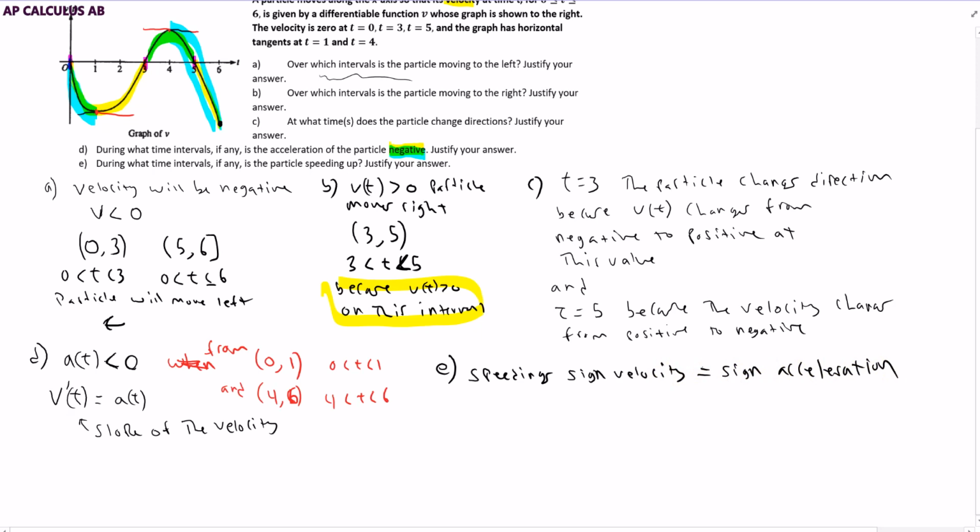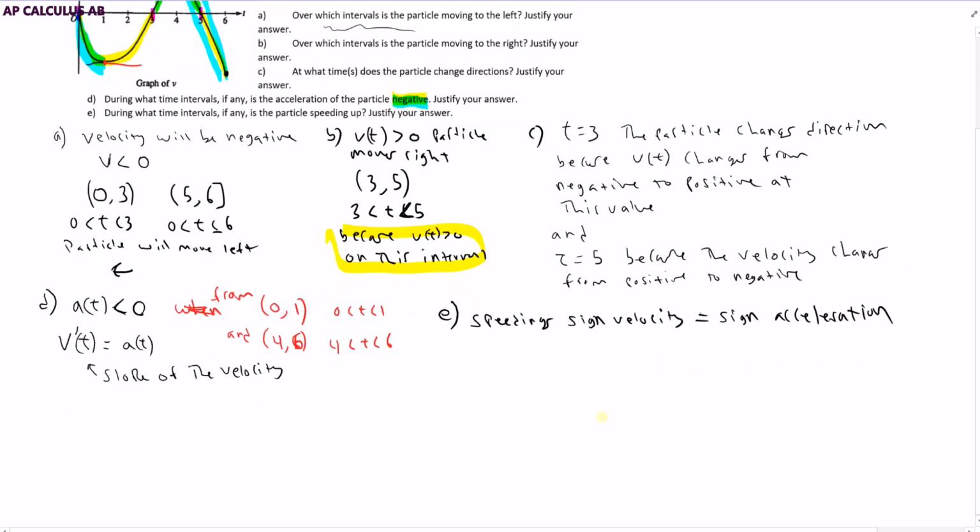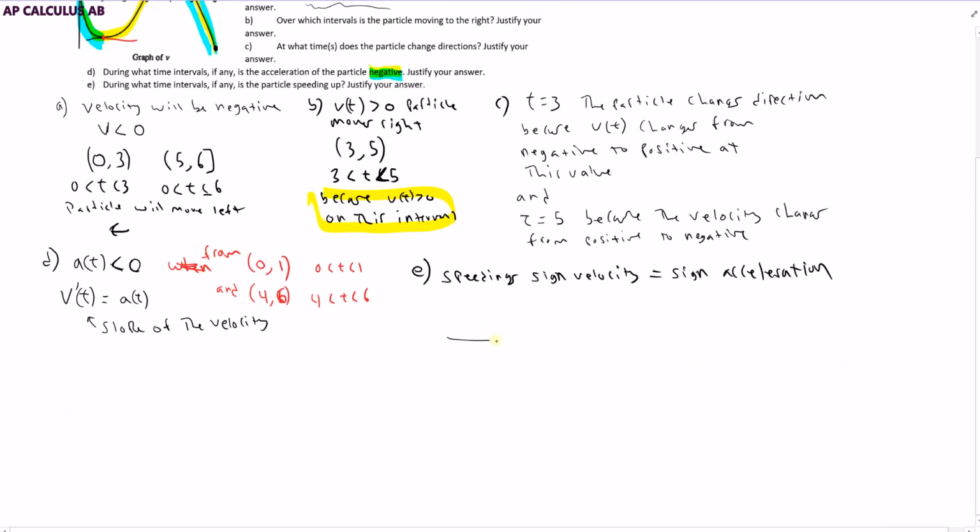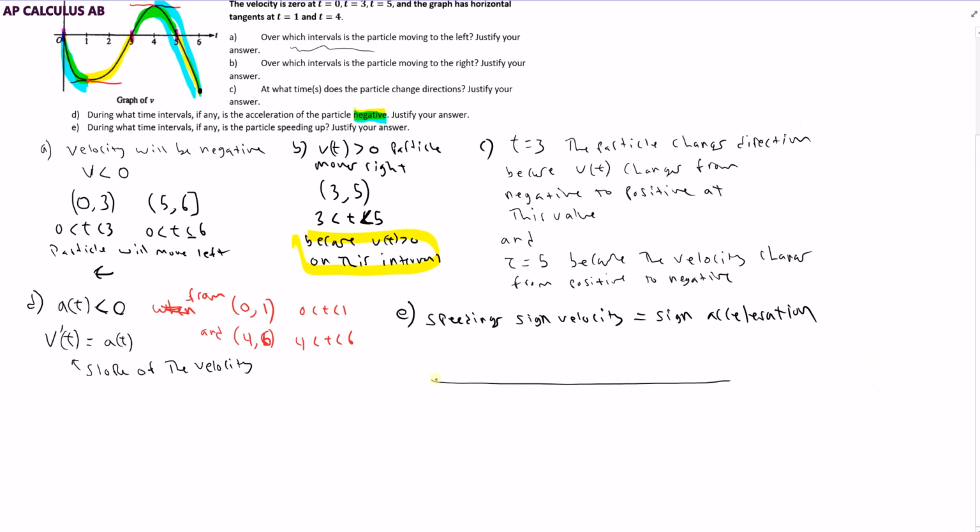It might be helpful to make a little table here, and let's break it up in intervals. We're going to go from 0 to 1, and then 3, 5, and then we end at 6. I'm putting all the critical points here, the ones they listed on the front. Up here let's do velocity, and down here let's do acceleration.